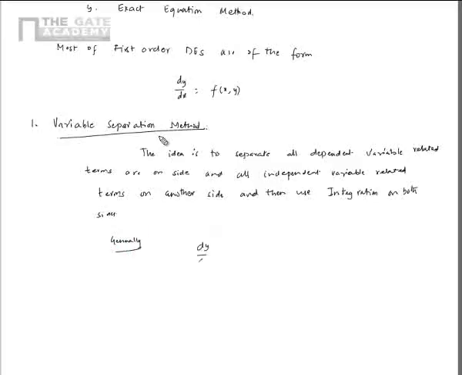If you have dy by dx, if you can bring it into this form, such that it looks like f of x into g of y, some function of x and some function of y, then I can bring the dependent variable, the y related terms, on one side and the x related terms on the other side, and then integrate on both sides.